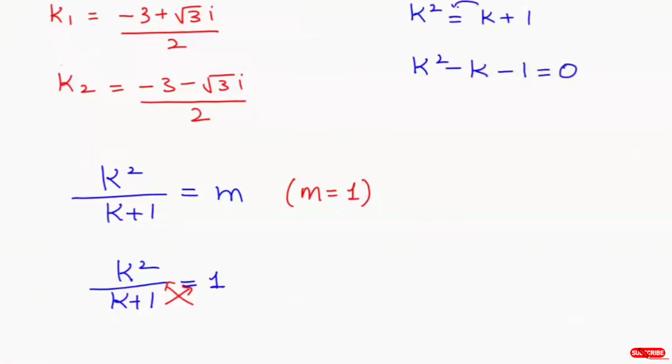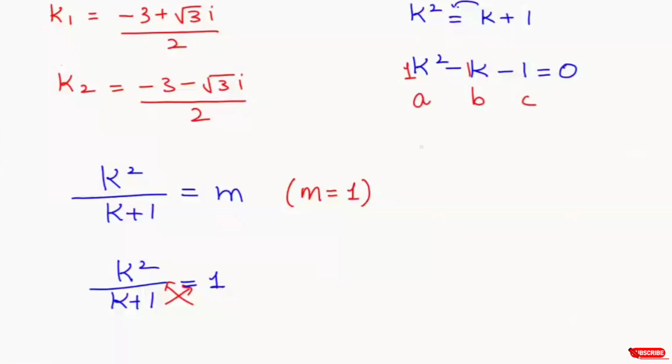Again, we get a quadratic equation here. So I'm going to find the value of k by using the quadratic formula. The coefficients we have are a is 1, b is -1, and c is -1.